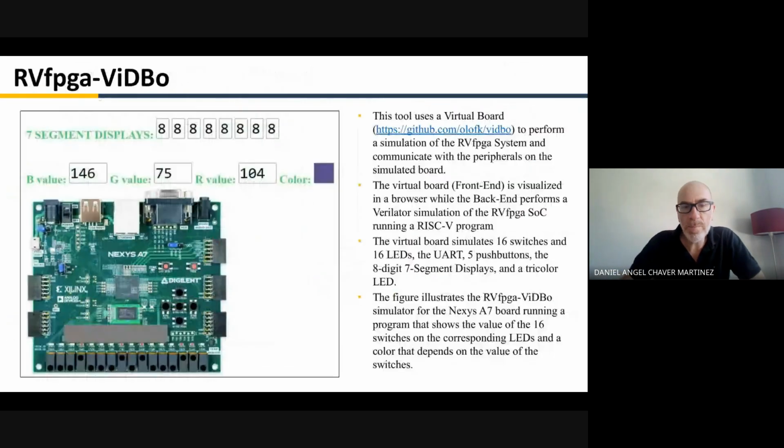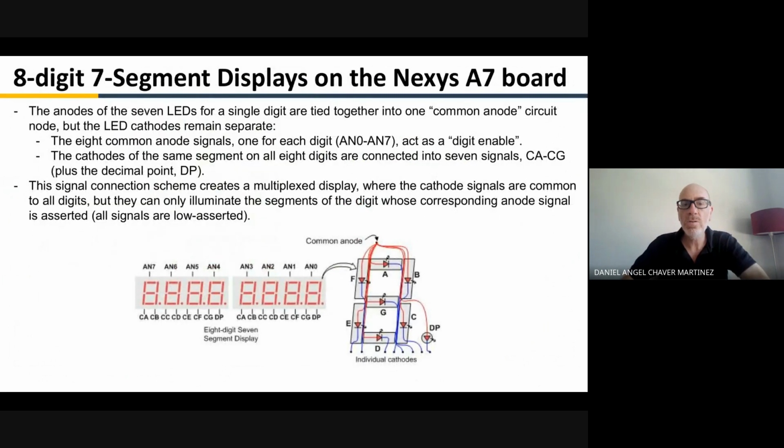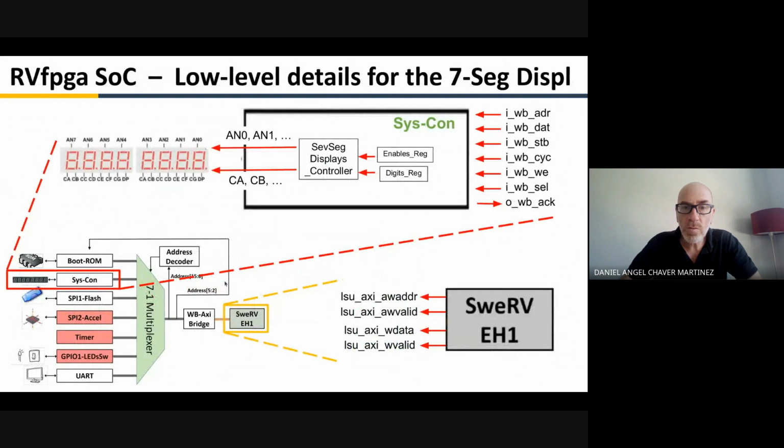Okay, so going back to the 7-segment displays controller that we were talking about, we now know the physical connection, and we know from last day that the core will write two registers to control this peripheral, enables register and digits register. And you already use that in your programs.